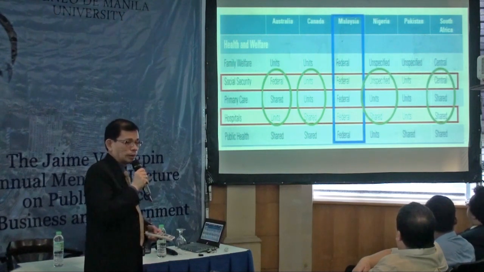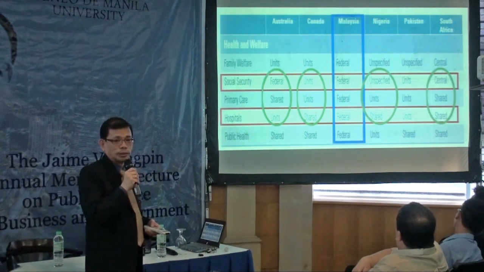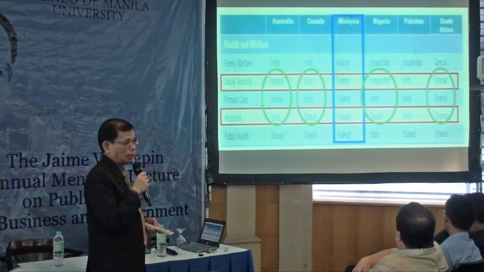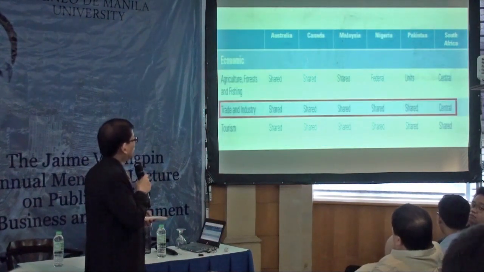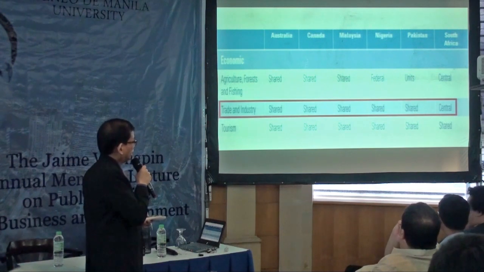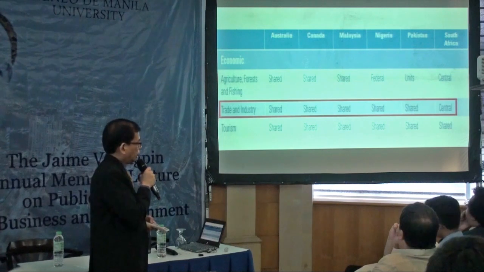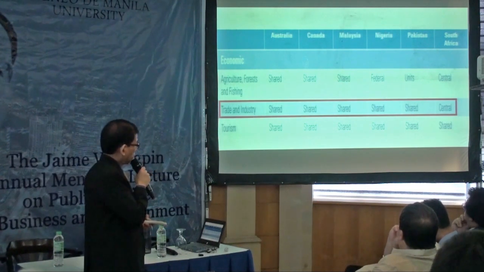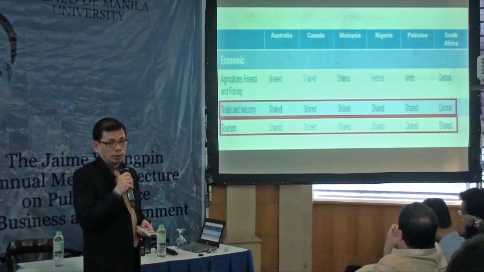You might have noticed here that Malaysia is all federal. This explains to a certain extent why Malaysia is considered one of the most centralized of all federal systems. When we go to trade and industry, this will be mostly concurrent or shared in the Ateneo language, with South Africa being exclusively central. And you would have tourism as shared for all.